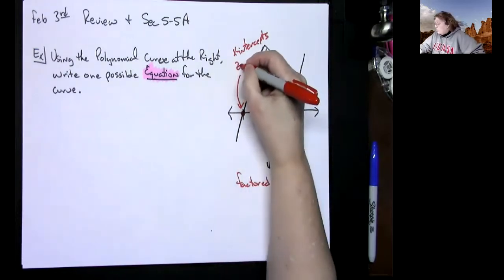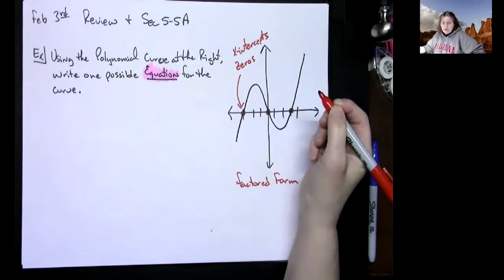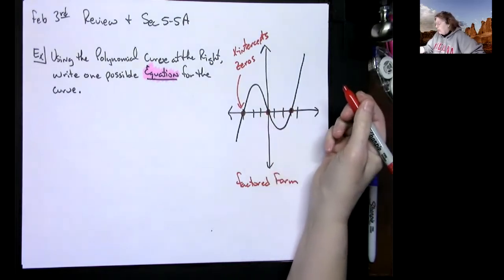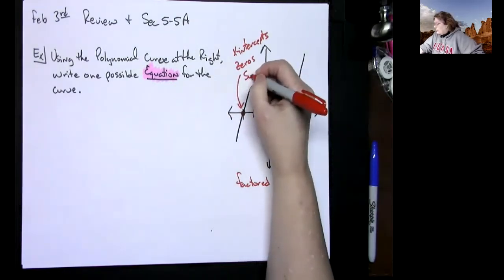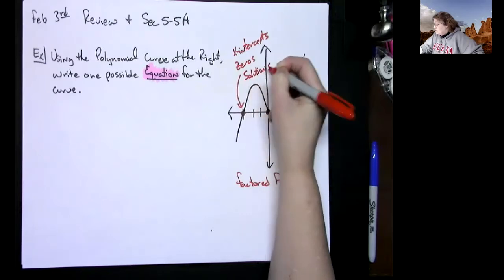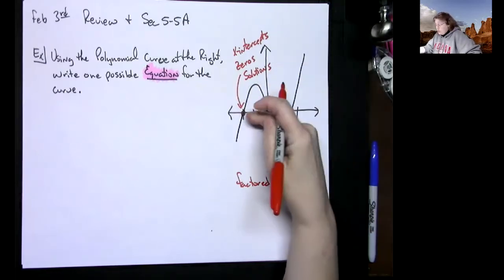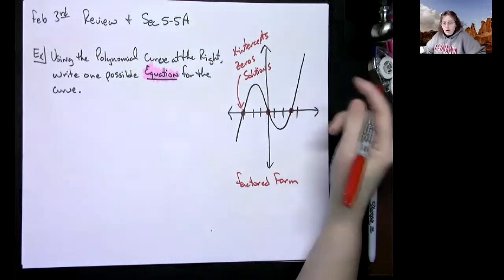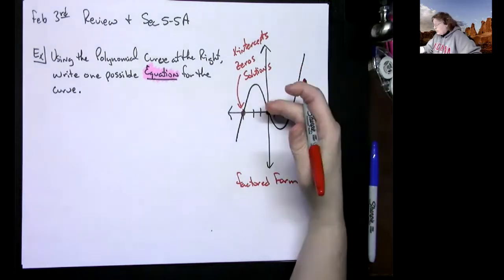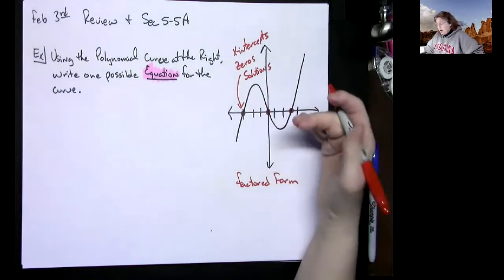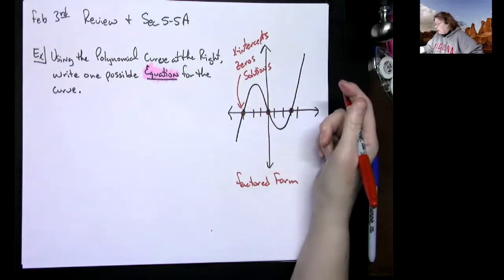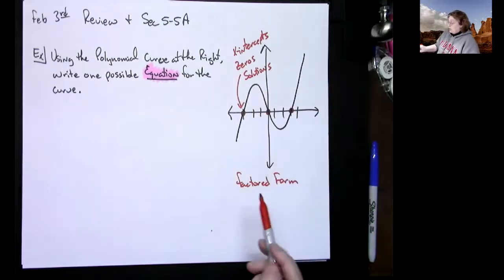If I asked for the zeros of the function, you would still look at those points on the graph. Or if I asked for the solutions of the equation, you would still look at that same spot on the graph, because all three of those things refer to the same thing, except for the way they're written.